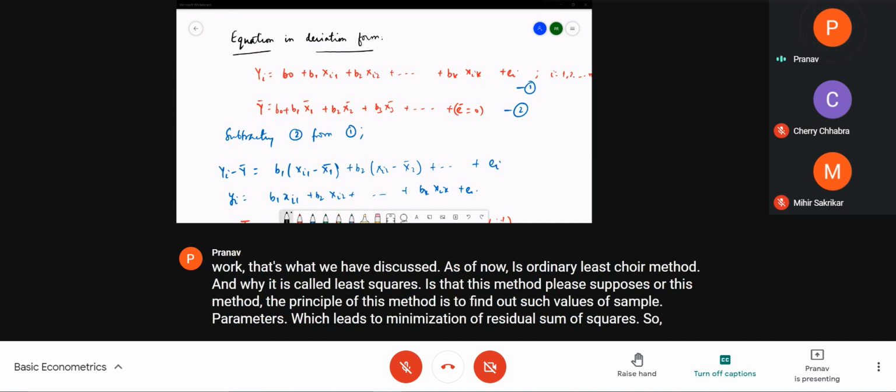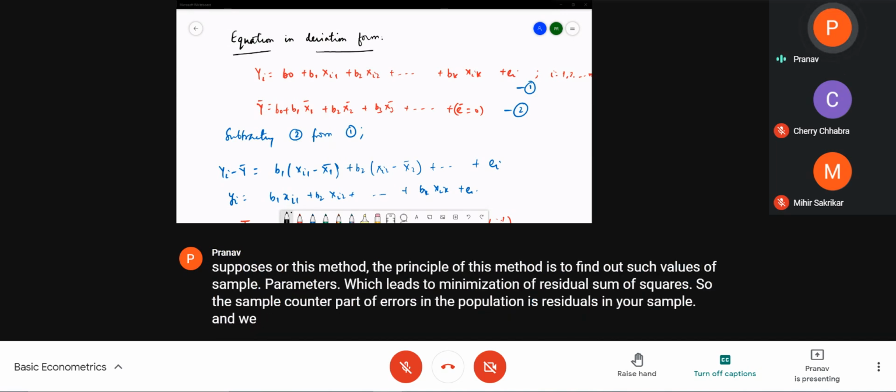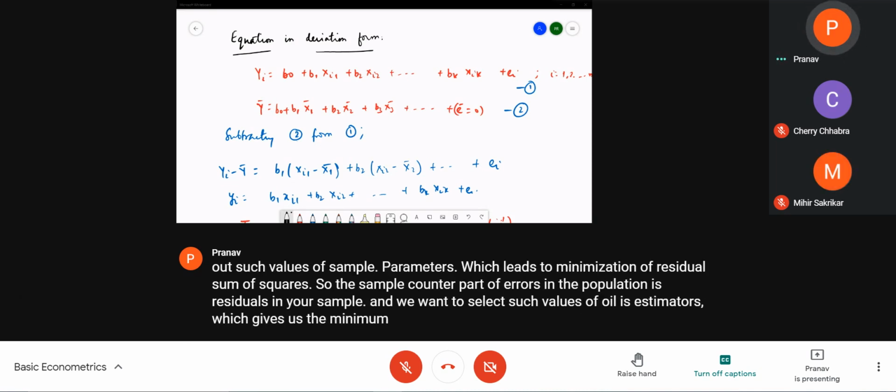So the sample counterpart of errors in the population is residuals in your sample, and we want to select such values of OLS estimators which give us the minimum value of the residual sum of squares. यह principle funda था OLS का.